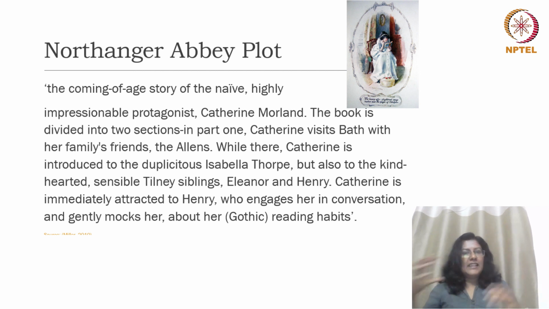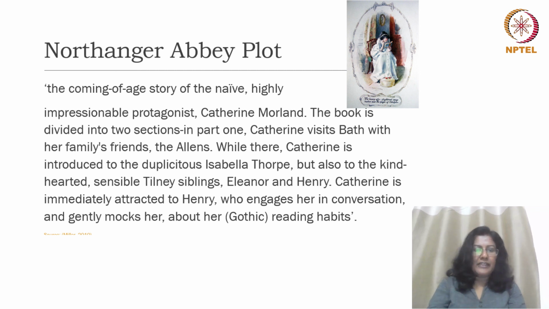So we can see the parody beginning in this conversation between Henry Tilney and Catherine Morland. Isabella Thorpe also reads a lot of Gothic fiction. Her brother, John Thorpe, also pretends to read a lot of Gothic fiction. So you can see a lot of talk about fiction reading goes on in this fiction.